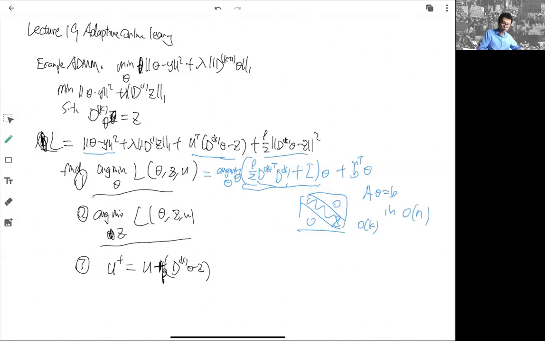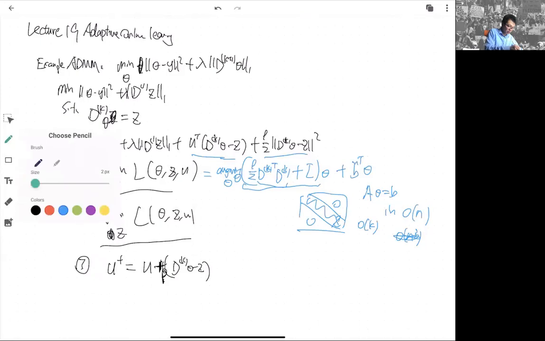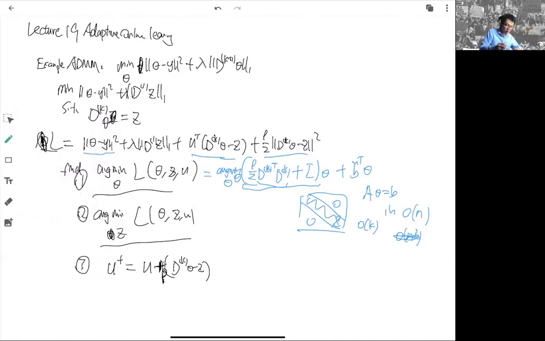In comparison to the general case where you have n cubed, this is not the interesting case, because you can get the same benefits from the soft thresholding based decomposition. Now for the second step, let's look at the corresponding problem that we need to solve in terms of z.